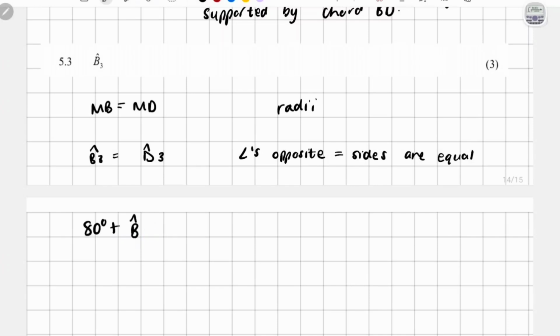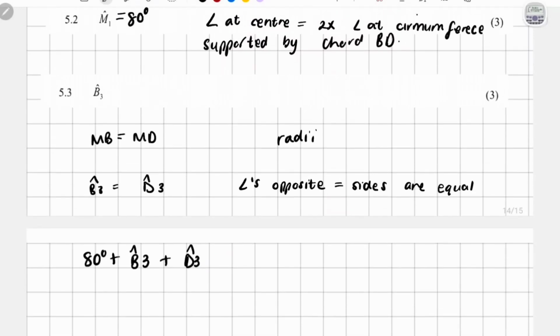They want us to find angle B3, and we know that B3 is equal to D3. So in this equation, why don't I just replace D3 with B3 so that we can make B3 the subject of the equation? And so we have angle B3 there.